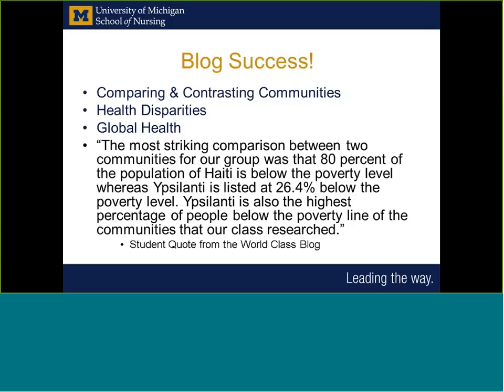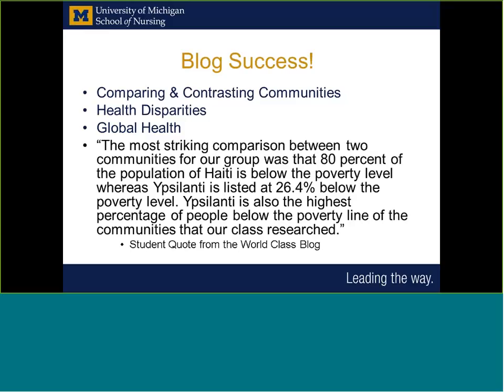So this is a quote from one of the blogs, and it says, the most striking comparison between two communities for our group was that 80% of the population of Haiti is below the poverty level, whereas Ypsilanti is listed at 26.4% below the poverty level.